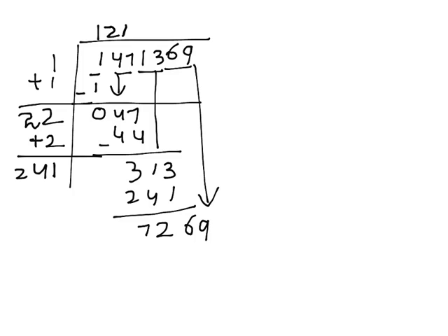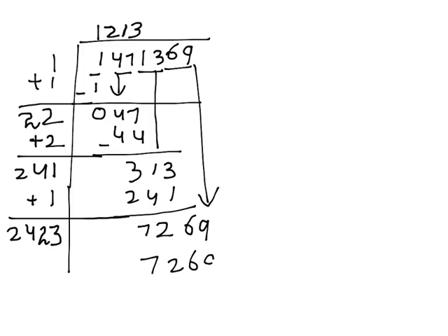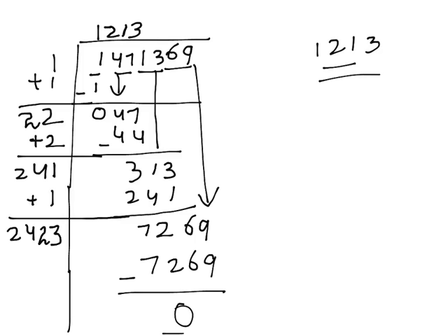As we took 1 over here, we will just add 1 over here. We will get 242. Now we have to find a digit, that will be 3 in that case. So we will get 7269 only, and then we will subtract. We will get remainder as 0. So it means the square root of the given number is 1213.